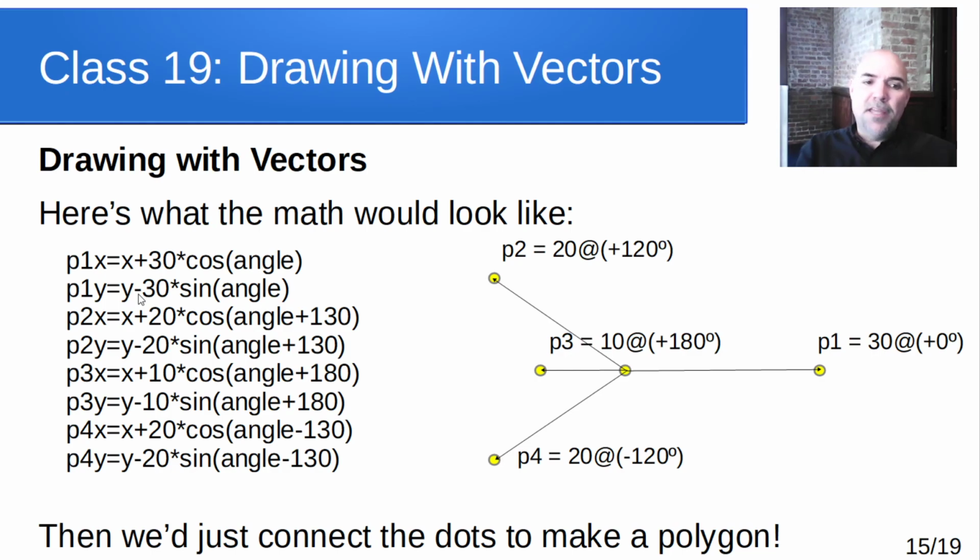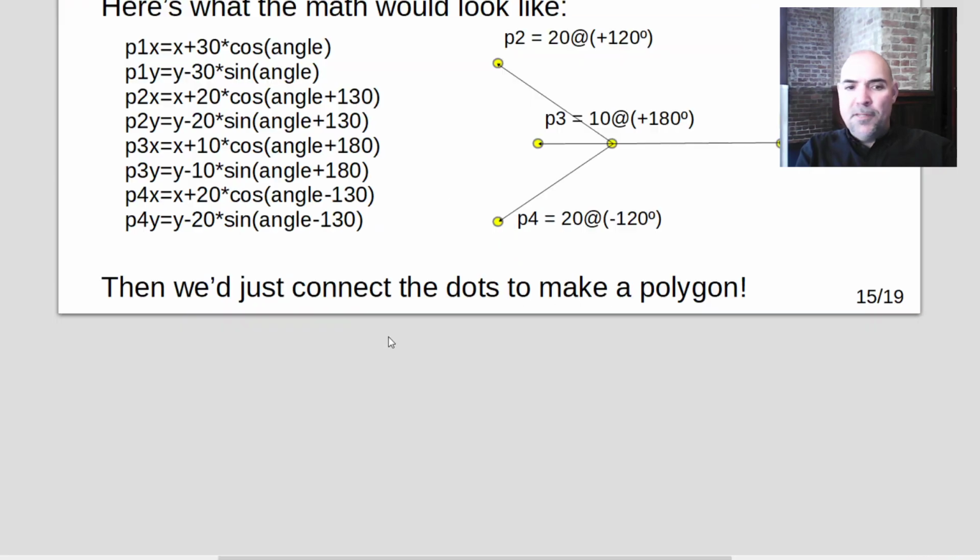So we're going to use negative wherever we're using sine, positive wherever we're using cosine. And we're going to do that for each of these. So 30 pixels away at angle plus 0, 30 pixels away, angle plus 0 for P1. P2, both of those are 20 pixels away at angle plus, I have a 130 here, that should be 120 to match what we had on the chart over here. Let me fix that real quick.